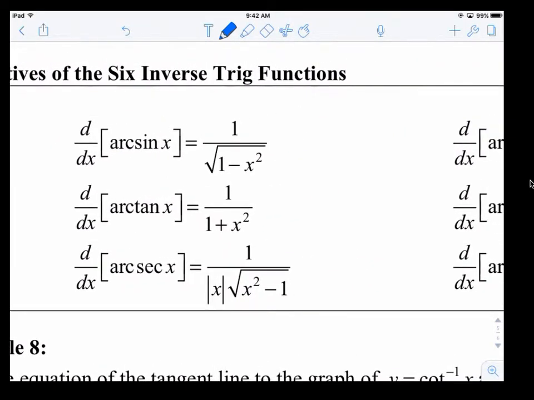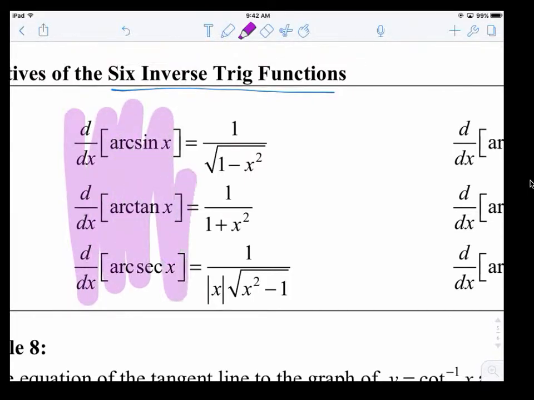So you have your derivatives for all 6 of your inverse trig functions. Now I'm going to tell you that these 3 are the ones that show up the most. The other ones don't really show up that much, but again, it is still good to know them. So arcsine comes to be 1 over the square root of 1 minus x squared. Arctan shows up a lot, which is 1 over 1 plus x squared.